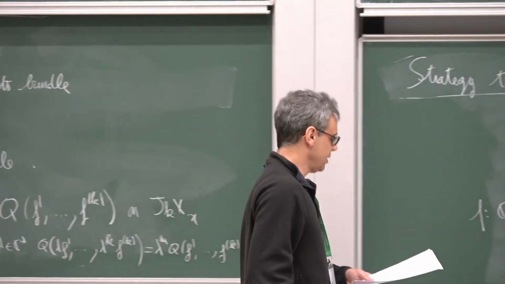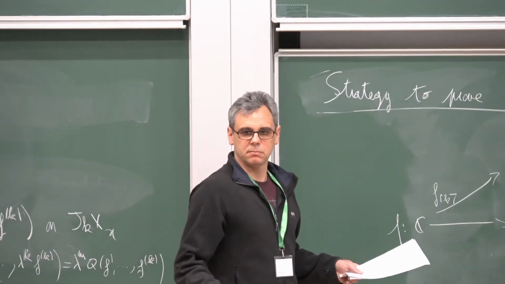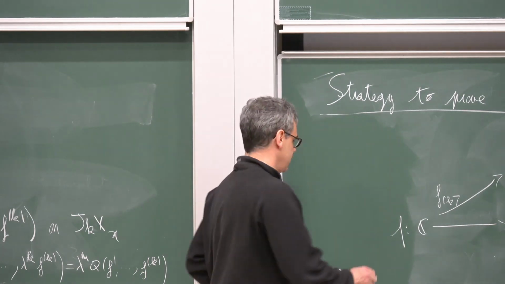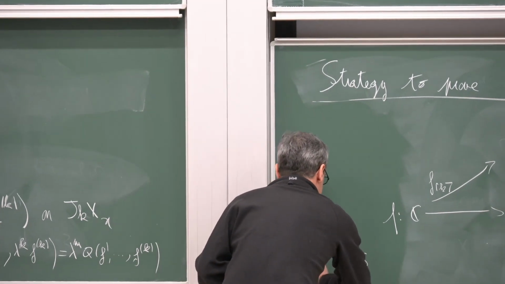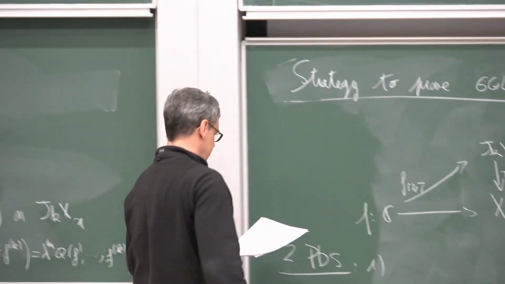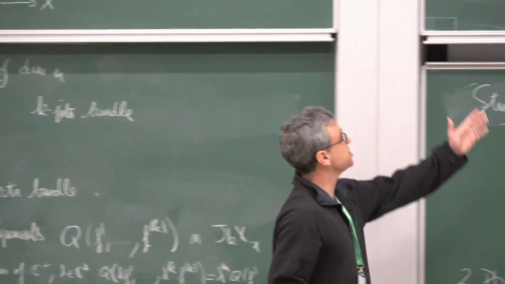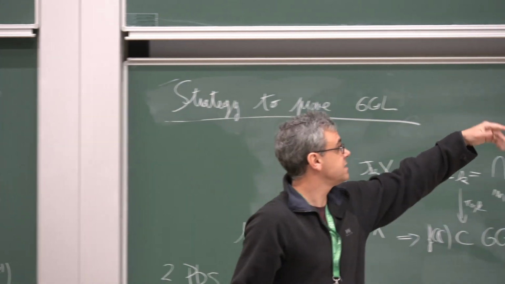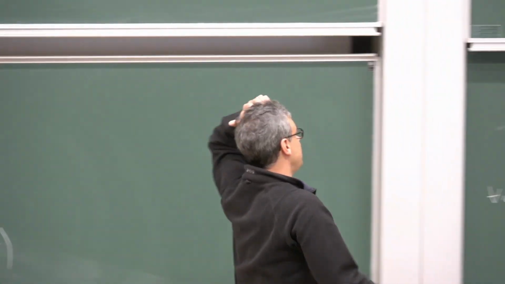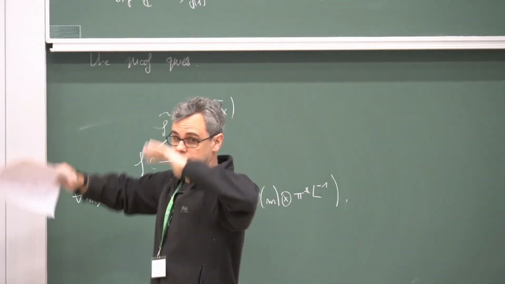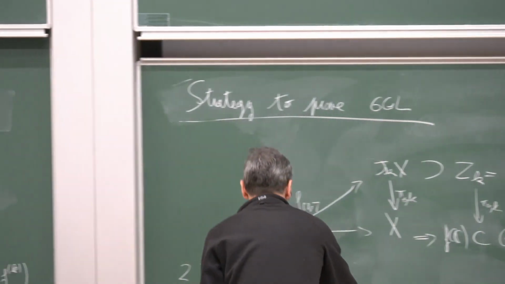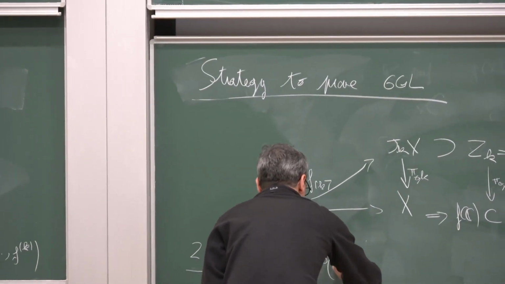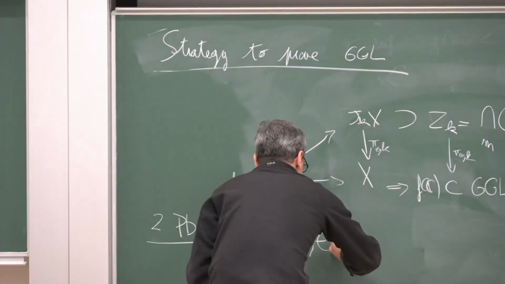Of course, now there are two important problems if you want to prove Green-Griffiths-Lang. First one is, well, is there any section at all? I told you that, for example, for a hypersurface, at order 1, there is no section at all, zero. So prove that these spaces are non-zero.